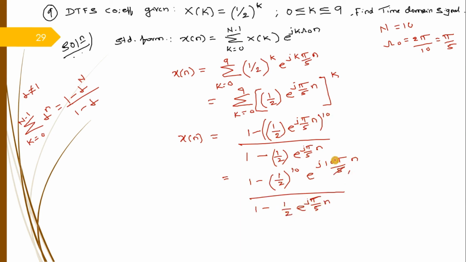So 5 twos are 10, it is 2 pi n. E raised to j 2 pi is cos 2 pi plus j sine 2 pi. So cos 2 pi is 1, sine 2 pi is 0. So it is as good as 1. Hence the final answer is 1 minus 1 by 2 raised to 10, divided by 1 minus 1 by 2 e raised to j pi by 5 n. That's it. So this is the last problem of this section.